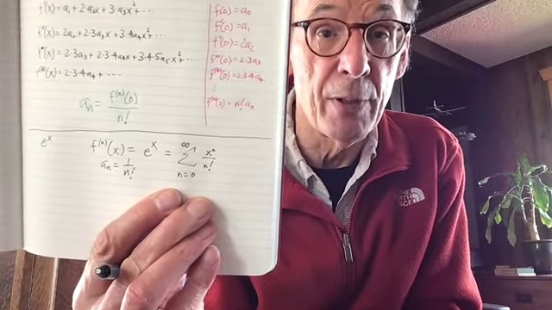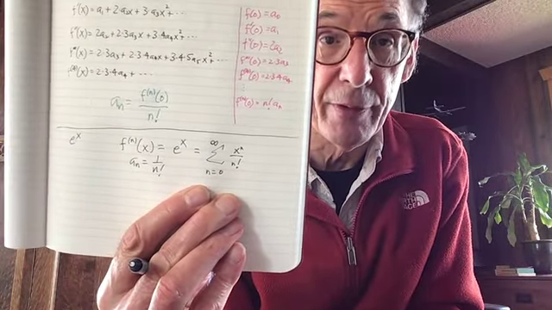A sub n is 1 over n factorial, and e to the x is the sum n equals 0 to infinity of x to the n over n factorial. 0 factorial is taken to be 1, and so we're not dividing by 0 there.